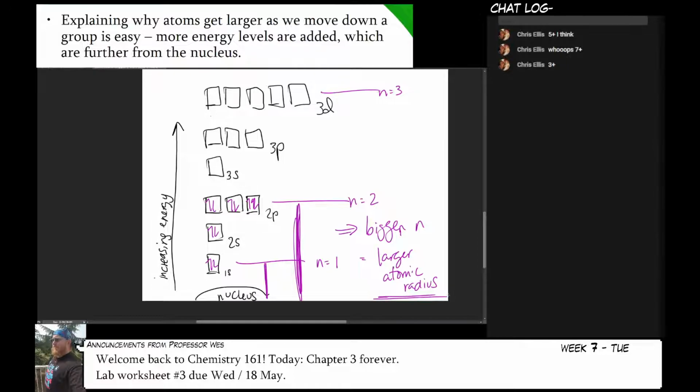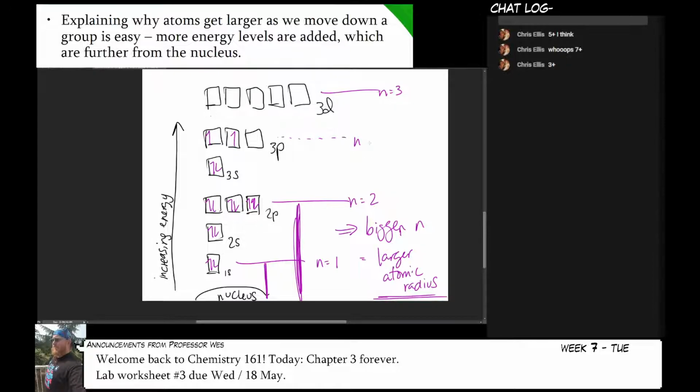That's trivial. Now, the issue arises when I'm comparing things like, say, this atom, which would be 10, 11, 12, 13. So this would be aluminum. What if I was comparing something like aluminum to, say, silicon? Well, now my electrons are at roughly the same distance, right?